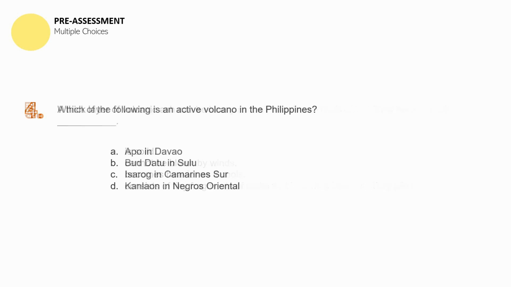The last item for this pre-assessment is the following question. Which of the following is an active volcano in the Philippines? A. Mount Apo in Davao. B. Bud Datu in Sulu. C. Isarog in Camarines Sur. Or D. Kanlaon in Negros Oriental.